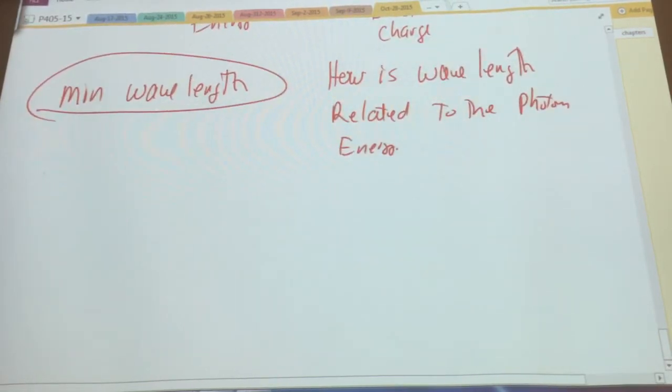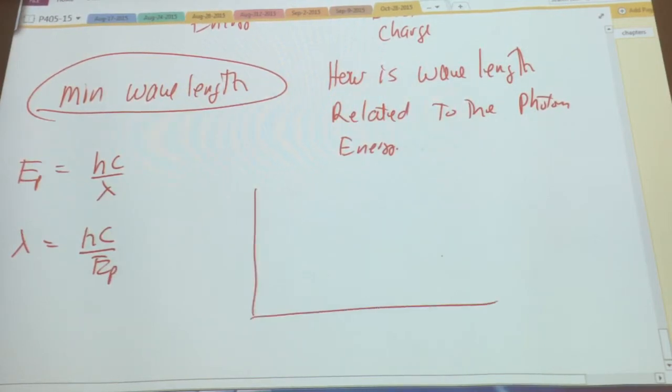That's where our good old friend h comes in. E is equal to hc over lambda, or lambda is hc over E. And we're talking about the photon energy.